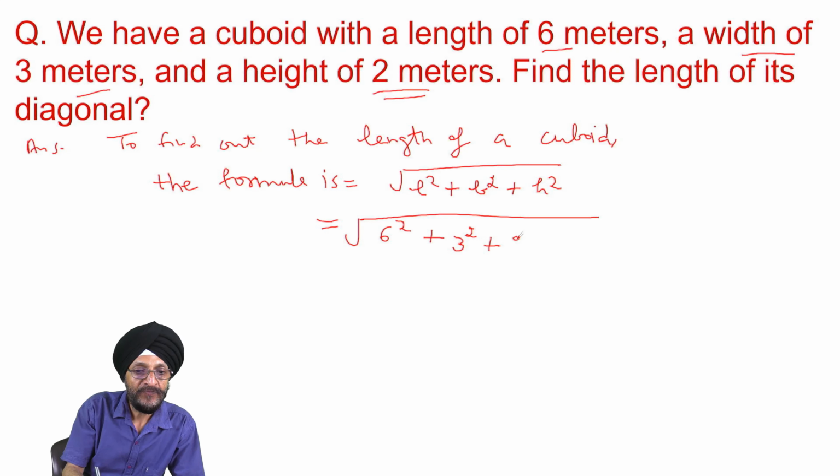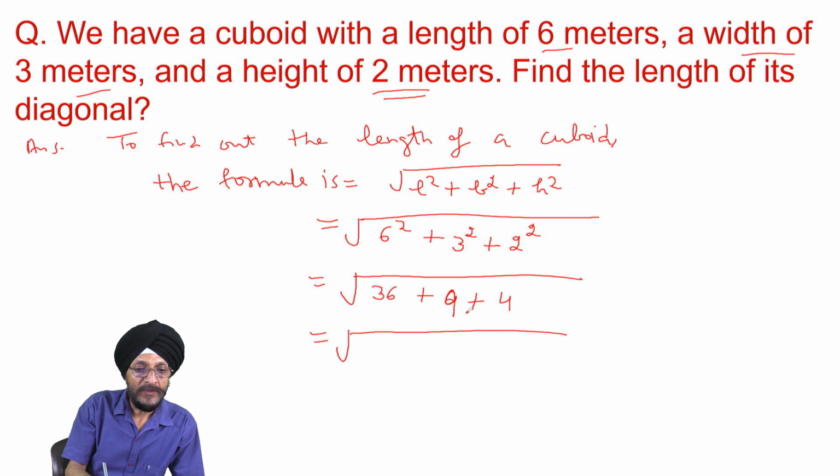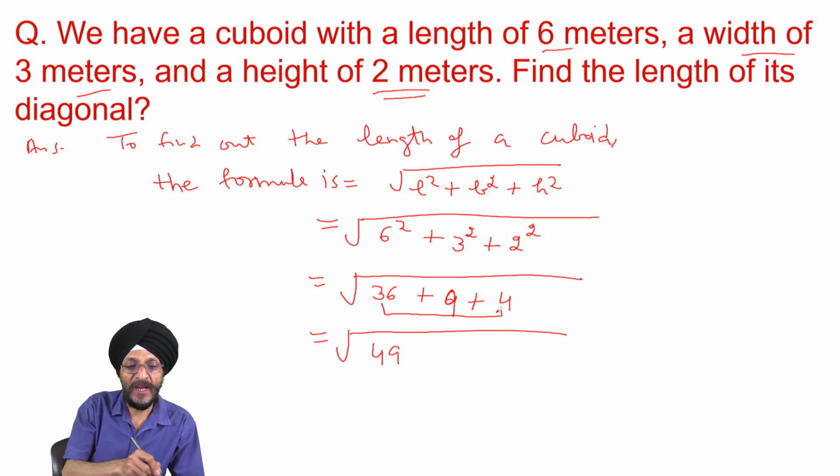Height is 2. 2 square. 6 square means 36. 3 square means 9. 2 square means 4. It will become 49 when we add these three items.